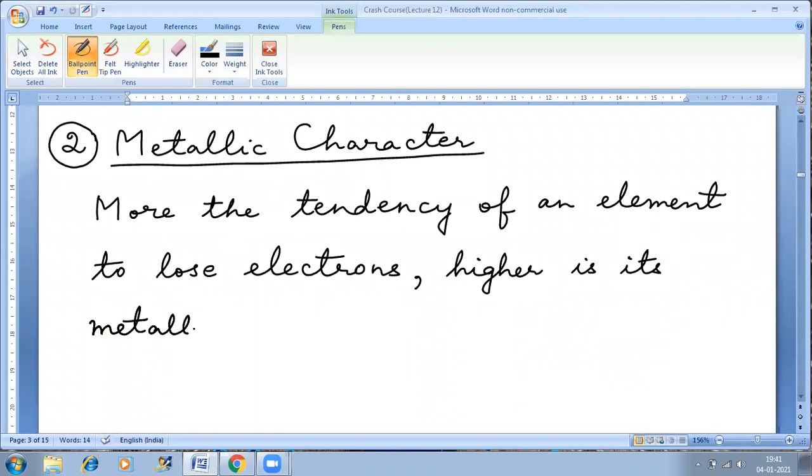So any element which is readily able to lose electrons is like a metal, is more metallic by nature. So more the tendency of an element to lose electrons, higher is its metallic nature.